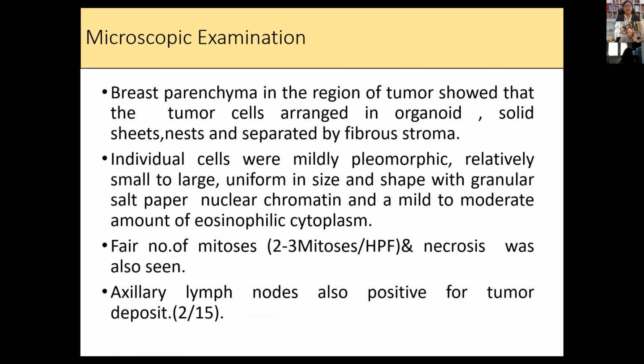Basically, these cells are uniform in size with mild pleomorphism, with granular salt and pepper nuclear chromatin and a mild to moderate amount of eosinophilic cytoplasm, as well as a fair number of mitotic figures per high power field. There are 2 to 3 mitoses seen. At some places focal areas of necrosis were also seen. The axillary lymph nodes were also positive for tumor deposits.